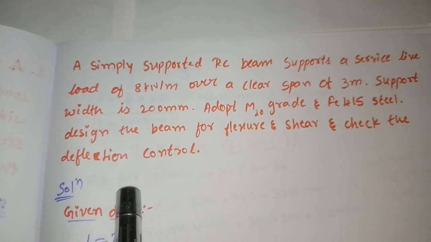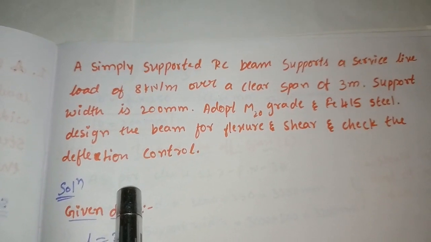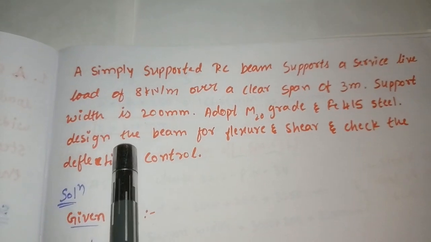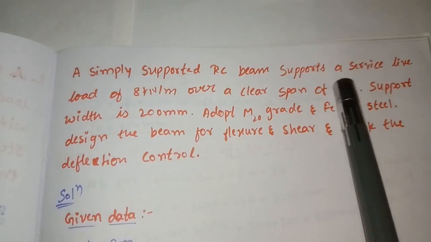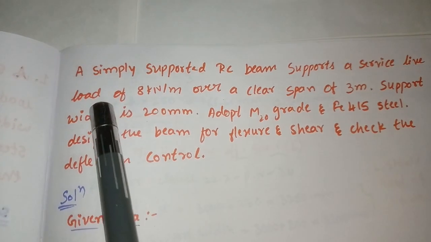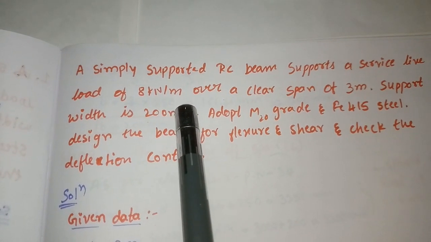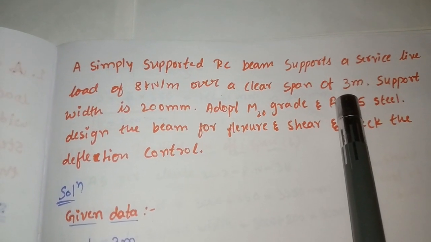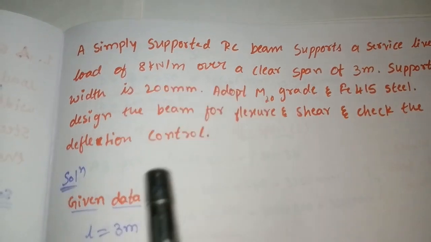So in our RCC, the first thing we have to do is write down the given data. The given data are: service live load of 8 kN per meter and clear span of 3 meter, so our small l is equal to 3 meter.